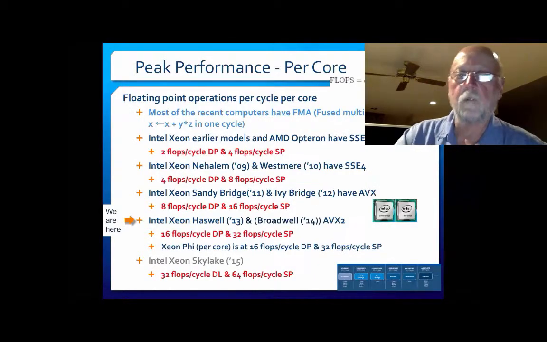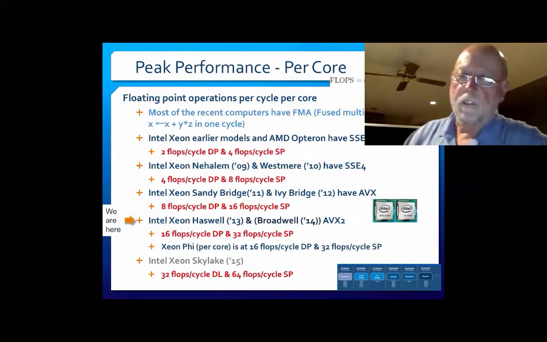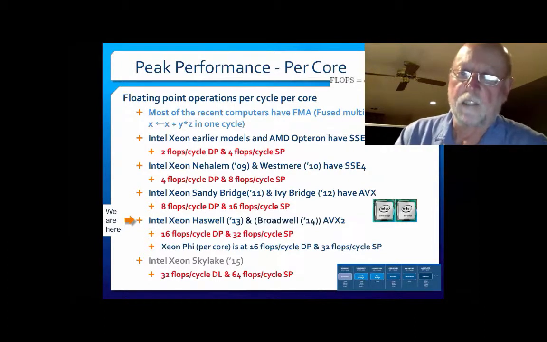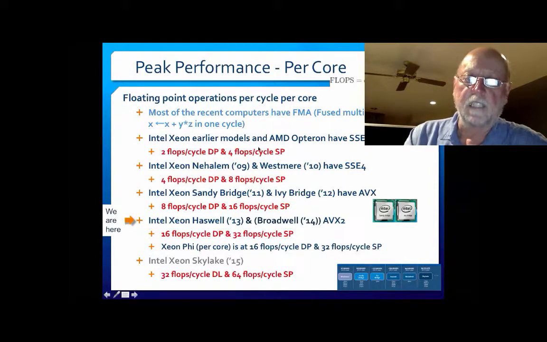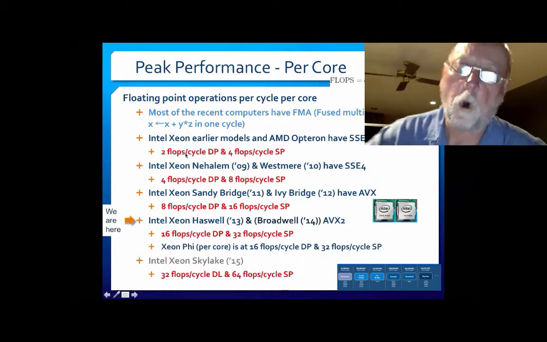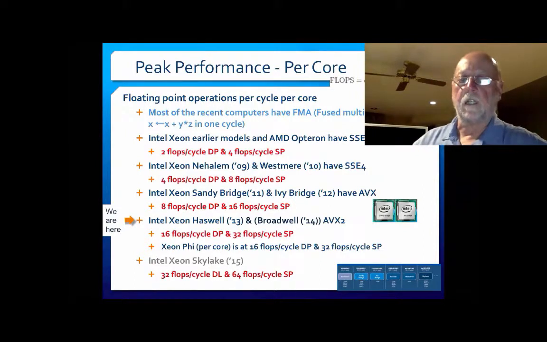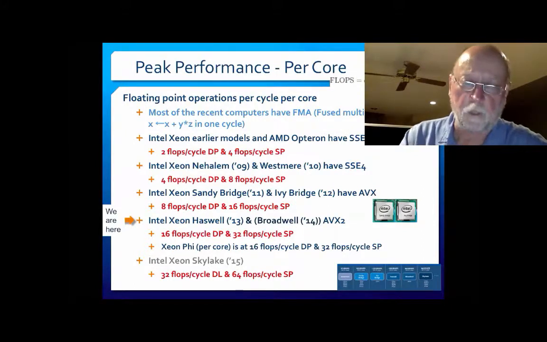If we take a look at what's happened in our processors, we get this interesting story. So this is looking at Intel's Xeon processor line. So in the early days, Intel had Xeon processors, and they produced 2 floating point operations per cycle. So each core was capable of 2 floating point operations per cycle. That's in double precision.